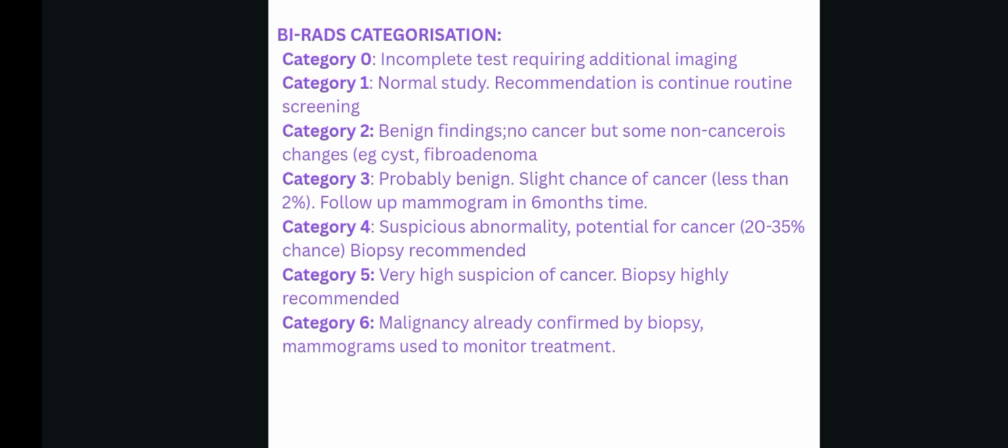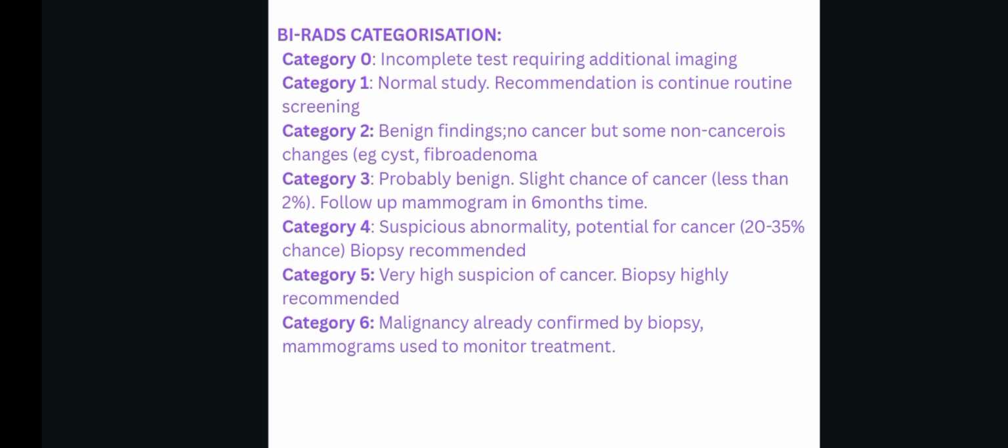So in such a case, for a follow-up mammogram, the patient is asked to undergo another mammogram in 6 months' time to see the possibility of clearing some of the doubt. In fact, BIRAD category 3 has less than 2% chance of being cancer.